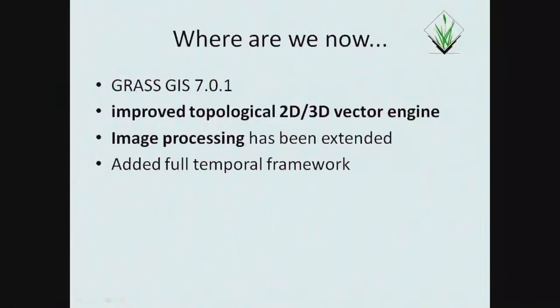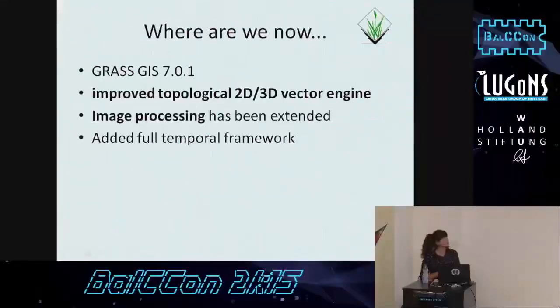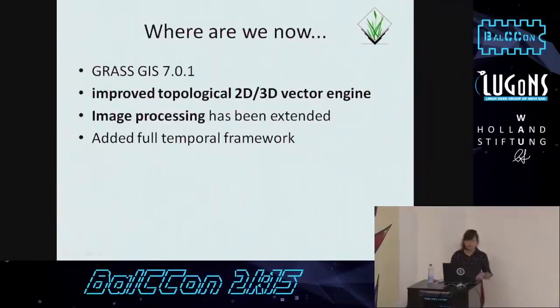It offers large data support, an improved topological 2D or 3D vector engine, and much improved vector network analysis. The best thing about GrassGIS 7 is the full temporal framework, where we can analyze different images from two or three points in time, and we can analyze these changes in time.